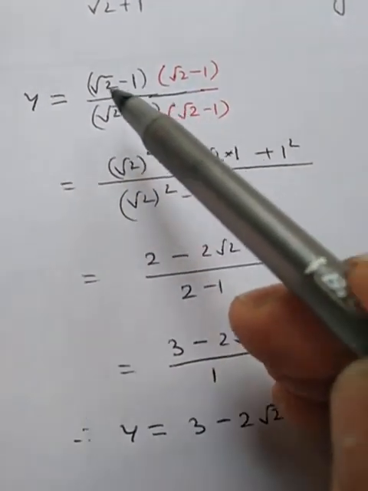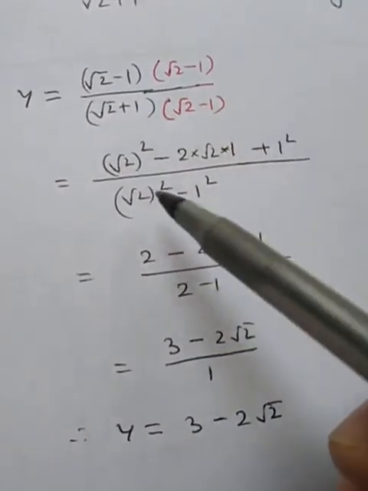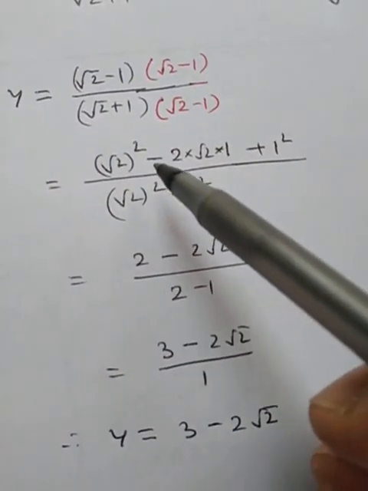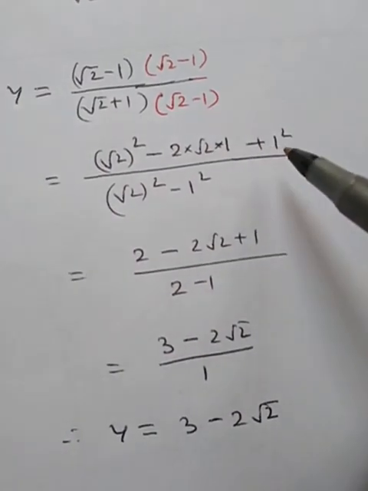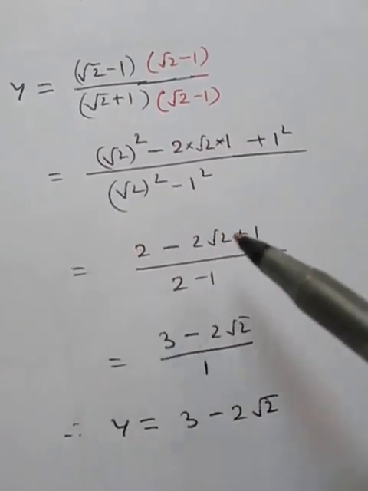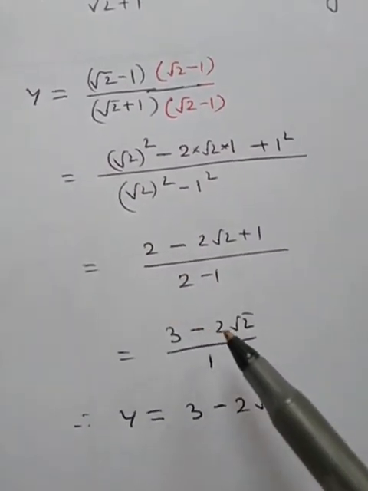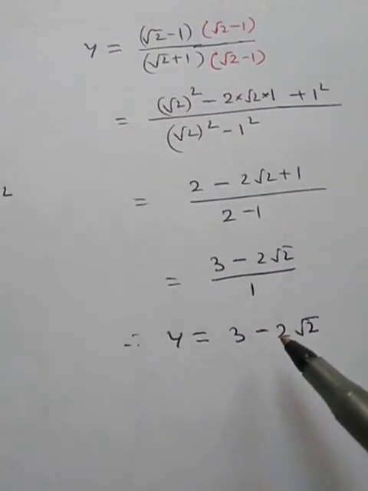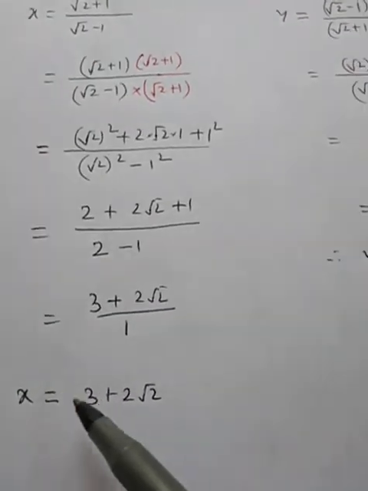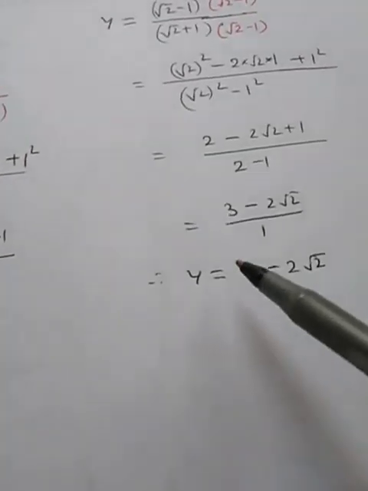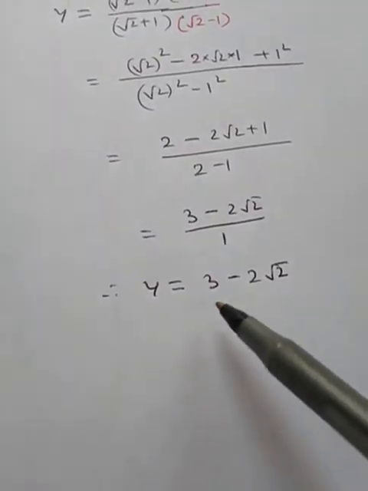So we have used the root 2 minus 1 whole square formula, a square minus 2ab plus b square. Simplifying, we have got 3 minus 2 root 2. So this is the value of y. You can see x is 3 plus 2 root 2 and y is 3 minus 2 root 2.